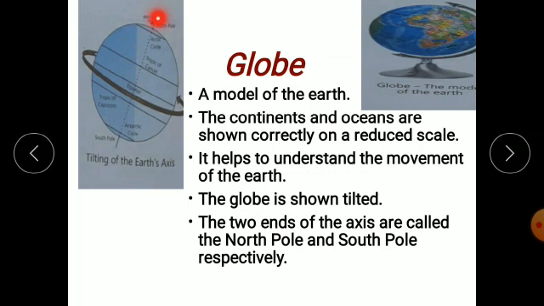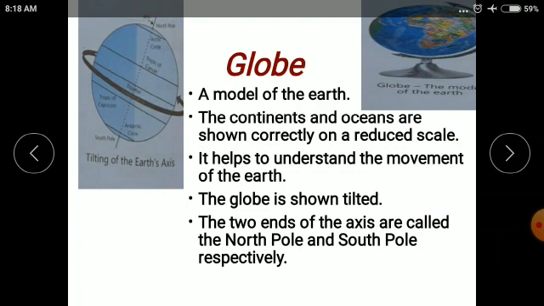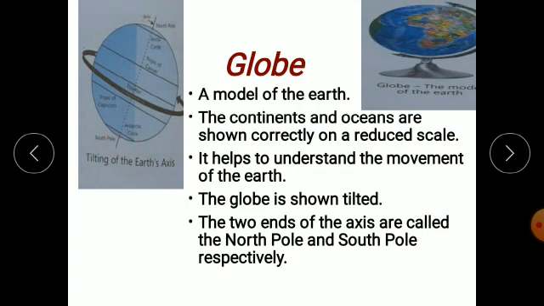Here you can see the axis is a little bit tilted. The earth rotates on this axis. The two ends of the axis are called poles. One end is here and one end is here. So this end is called North Pole and this end is called South Pole.